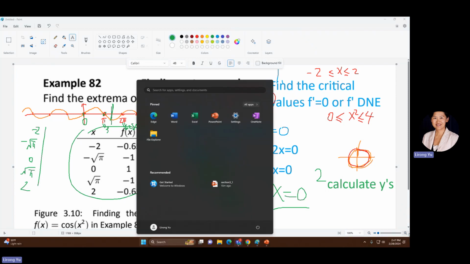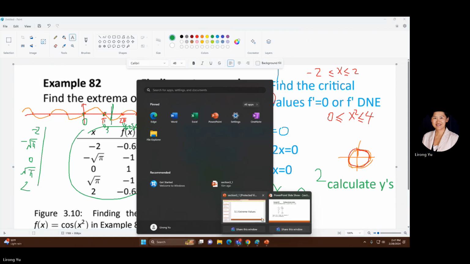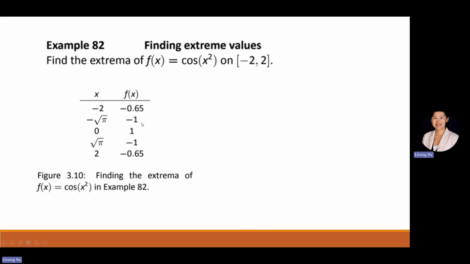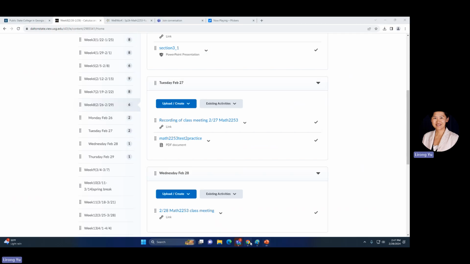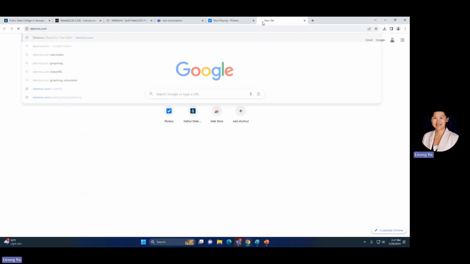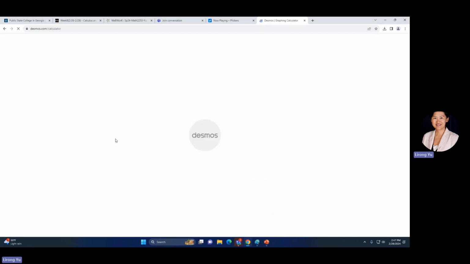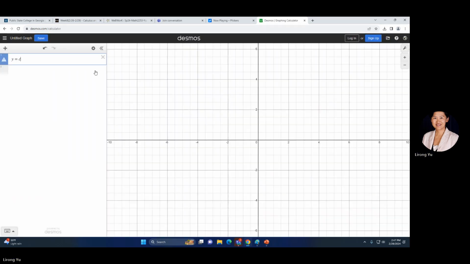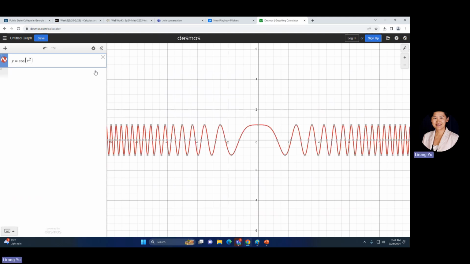And that is this question. Based on the table, minimum is -1, maximum is +1. You can also, of course, graph it to confirm the calculation. That is cosine x squared. Okay, and we don't need the whole thing.